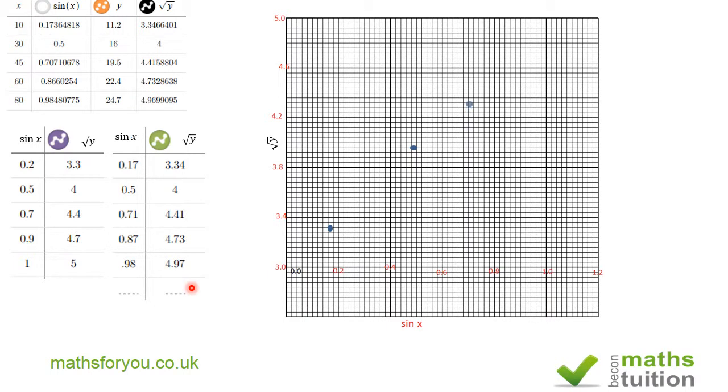And the third point is this one. And the fourth point is this one here. And the fifth point is 0.98 and 4.97, which is that one there.